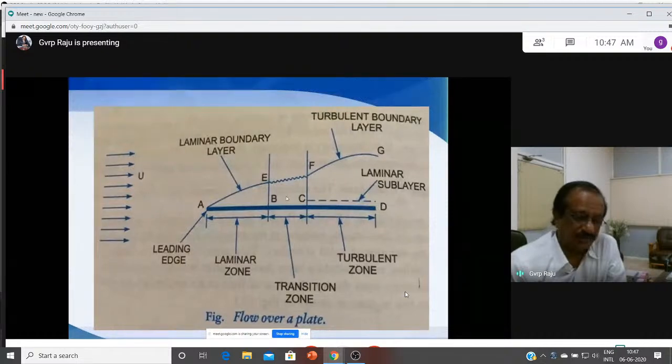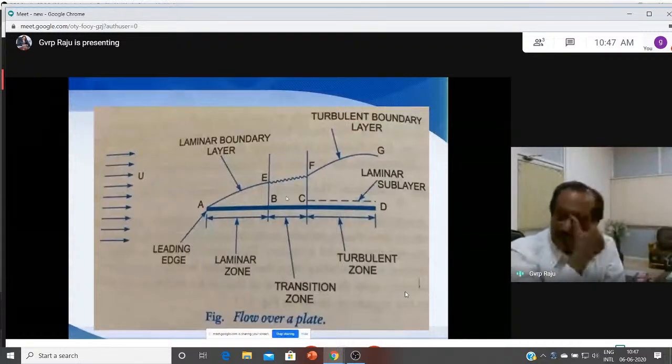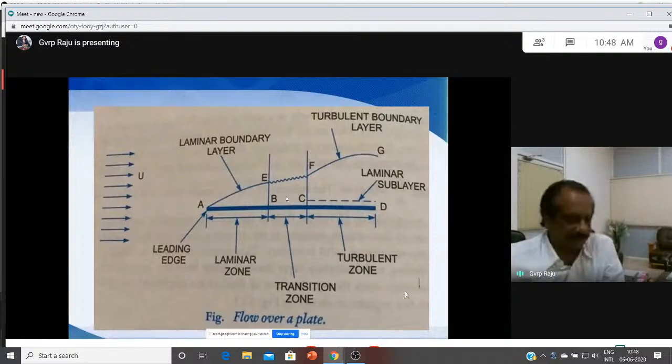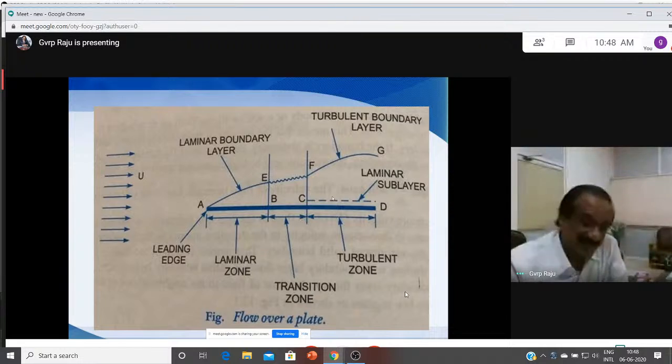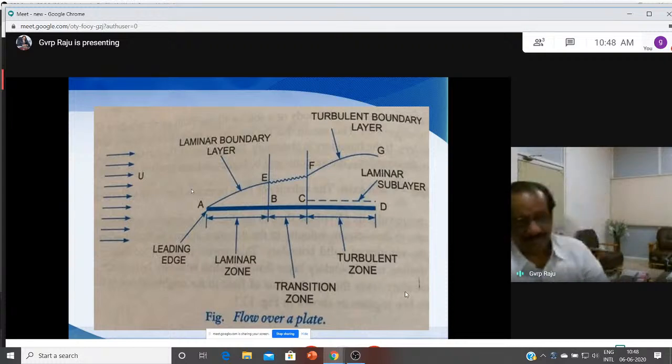For pipe flow, the Reynolds number is less than 2000 for laminar flow, and more than 4000 for turbulent flow. That is for a circular pipe.